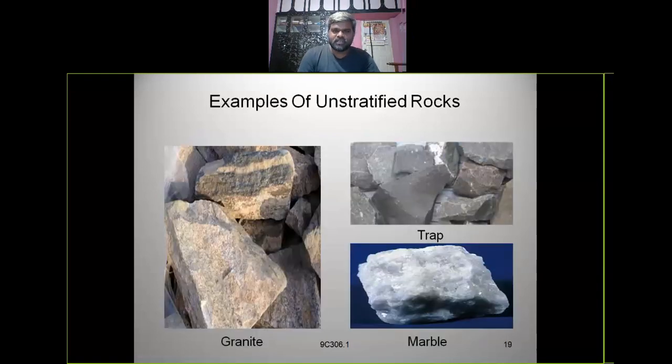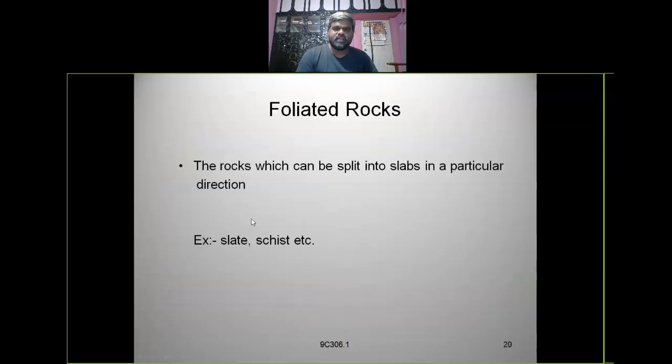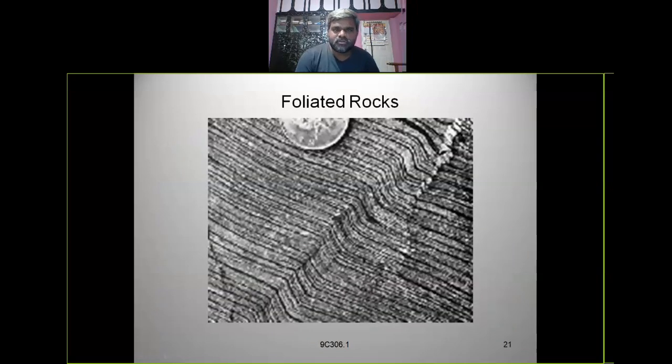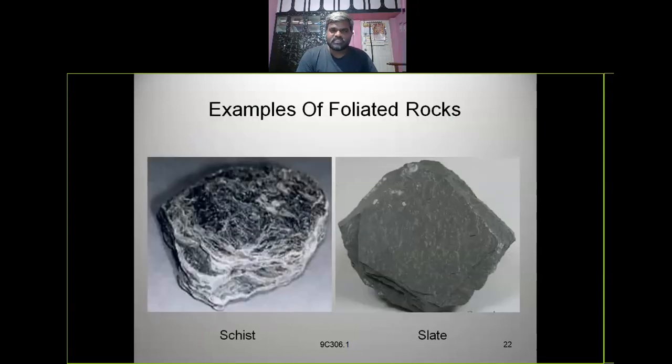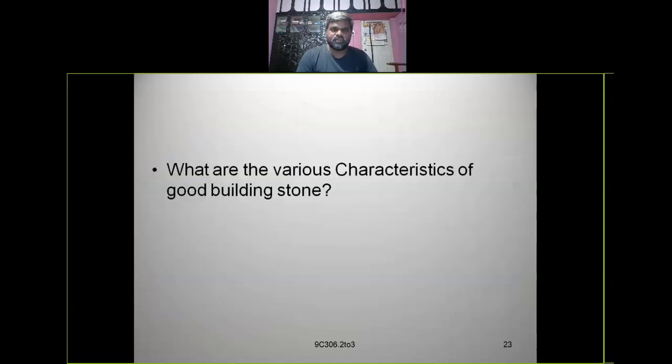Examples of unstratified rocks are granite, marble, trap. See, we are seeing solid stones here. These are called unstratified rocks. Foliated rocks are rocks which are extracted as different small thin layers. Schist and slate are examples of foliated rocks.